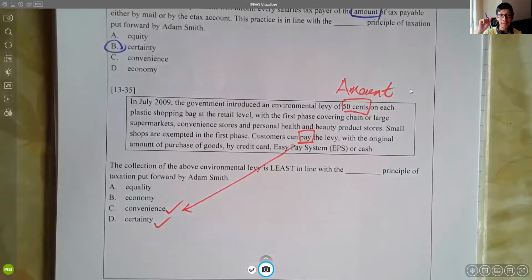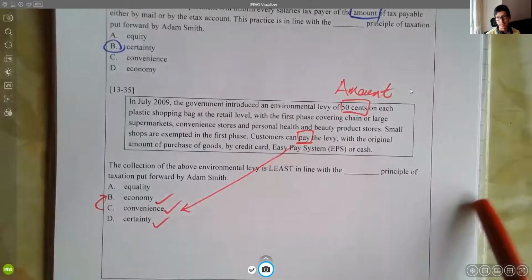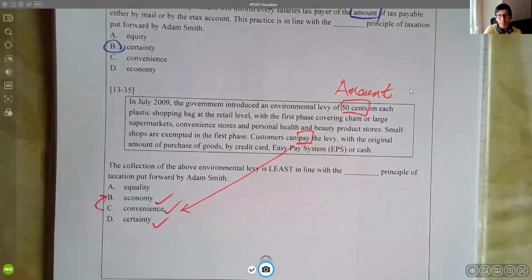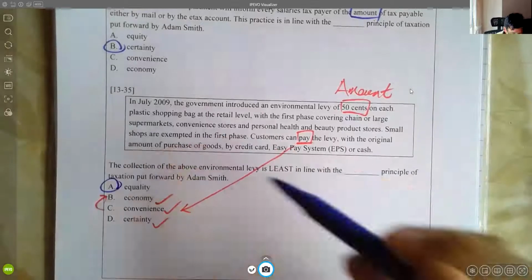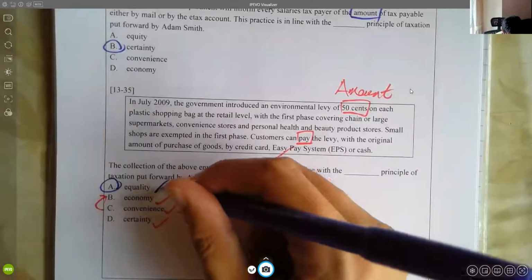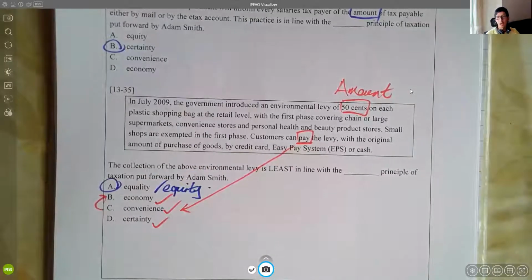Remember what I say. Whenever it is convenient for you to pay, usually it also means it is convenient for the government to collect the tax. There's no reason it is convenient for you to pay but not convenient for them to collect. So it is least in line with the equality or equity principle, either name works.